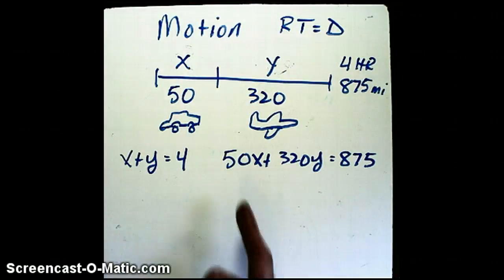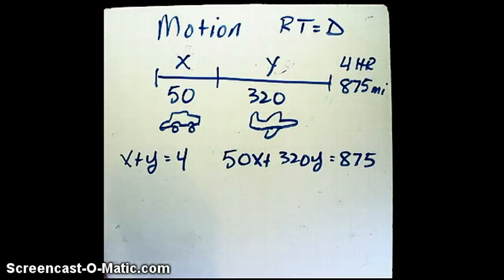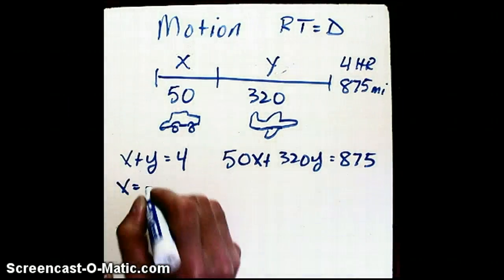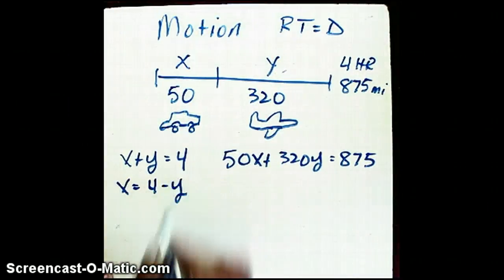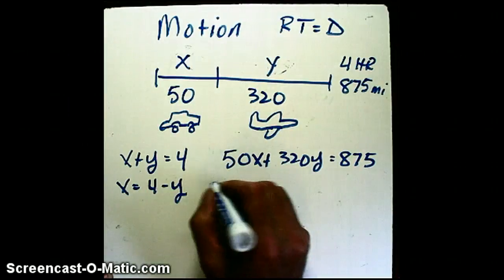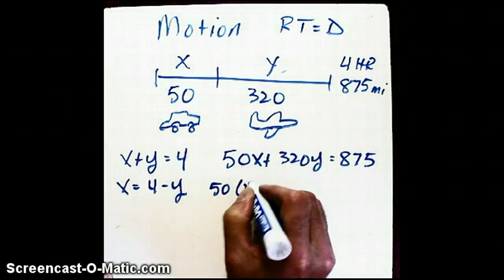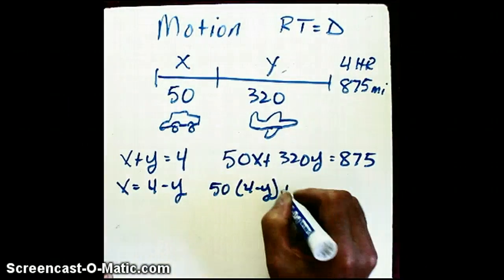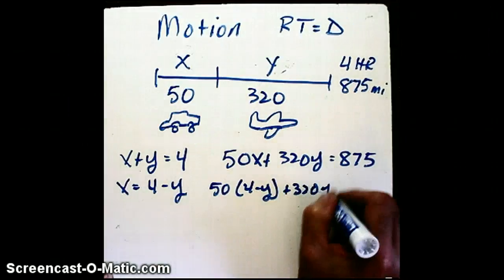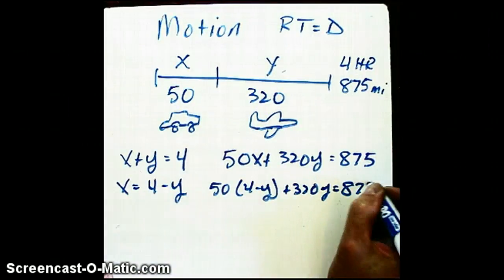We could make this smaller by dividing here. That's a possibility. We could just solve this one for x. X is equal to 4 minus y, and plug in here 50 times 4 minus y plus 320y is equal to 875.